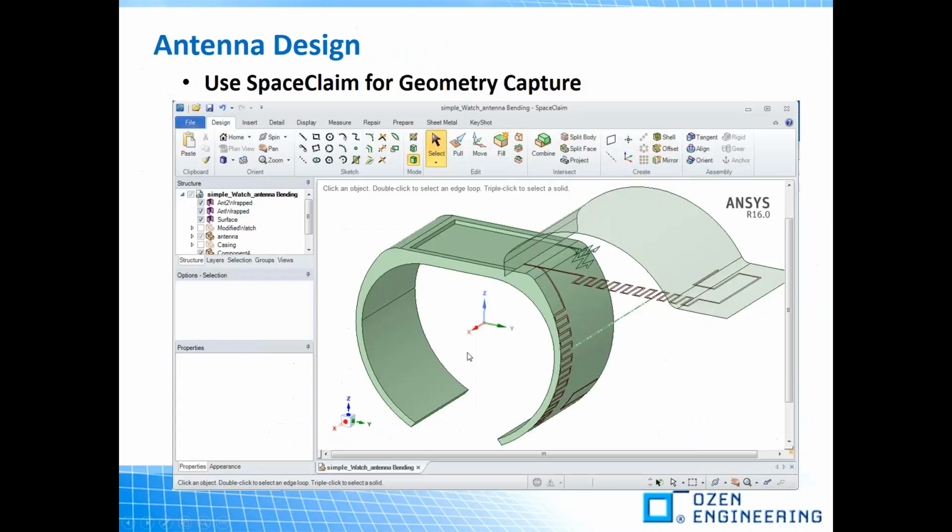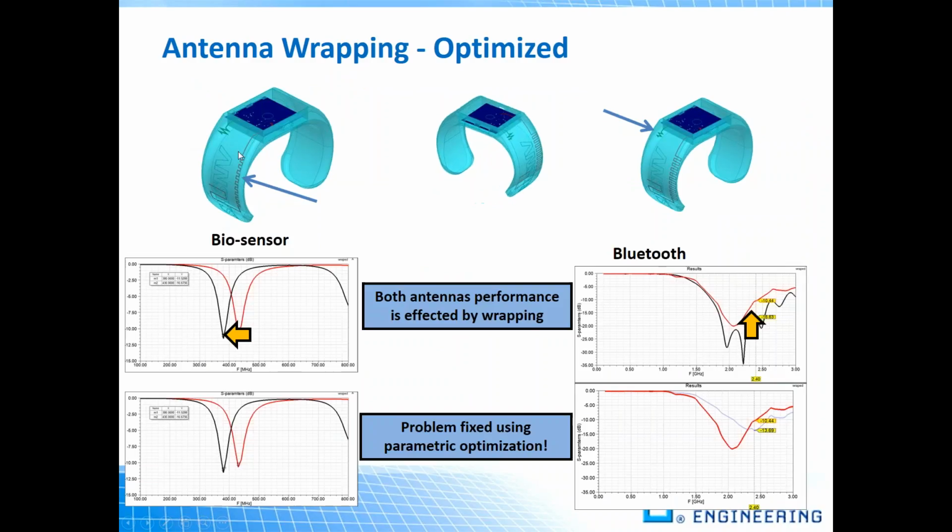But the next step would be wrapping the antenna around the wrist. For wrapping, you can use the SpaceClaim geometry creator to wrap the antenna on your structure or model. With wrapping, the antenna performance is going to change, and you're going to have some shift in resonance frequency.